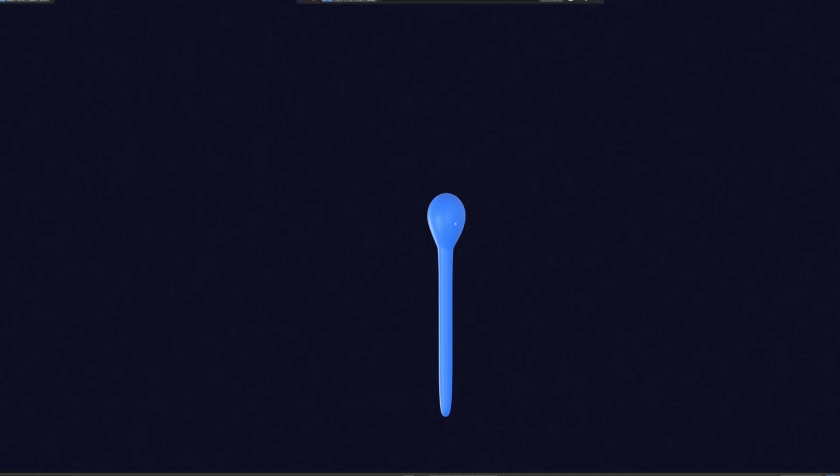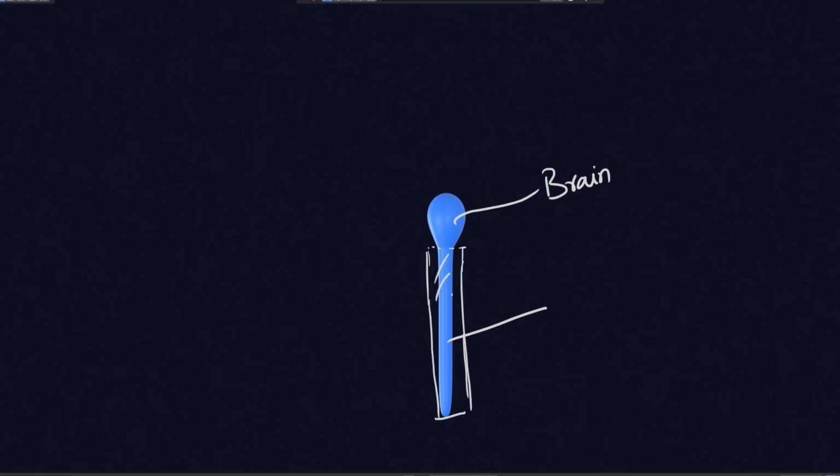This dilated end is basically the primordial brain. It is going to form the brain, and this relatively narrow end that starts from here and goes up to here in this 3D model is the primordial spinal cord. It is going to form the spinal cord.